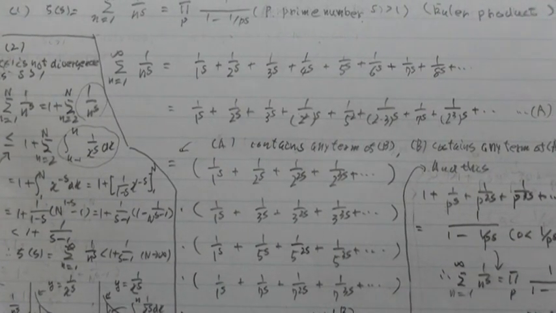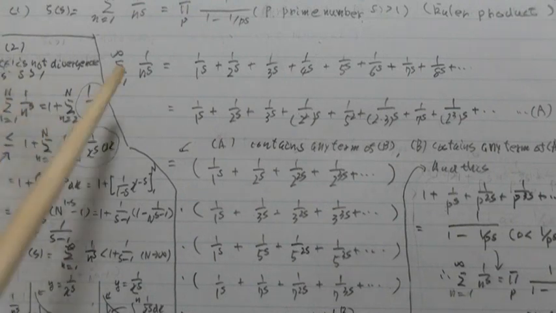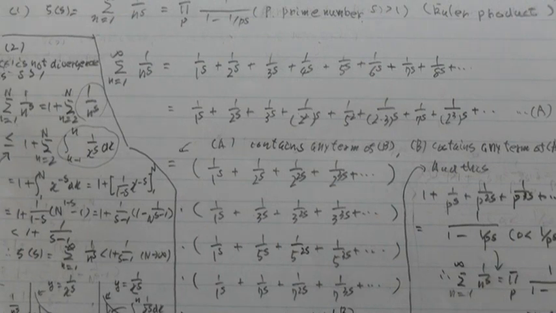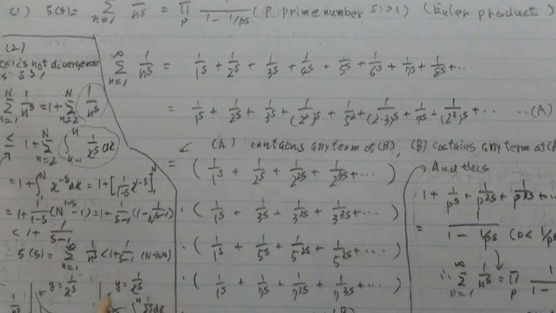Parenthesis 2: the sum does not diverge when S is greater than 1, because the sum from n equals 1 to n of 1 over n to the s is compared with the graph. This area is 1 over n to the s, and this area is the integral from n minus 1 to n of 1 over x to the s dx, and this area is smaller than this area.